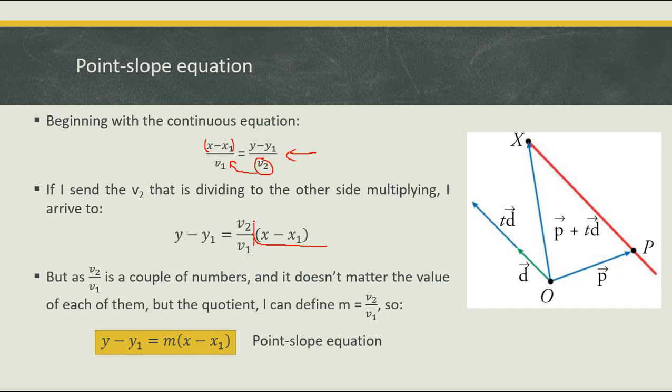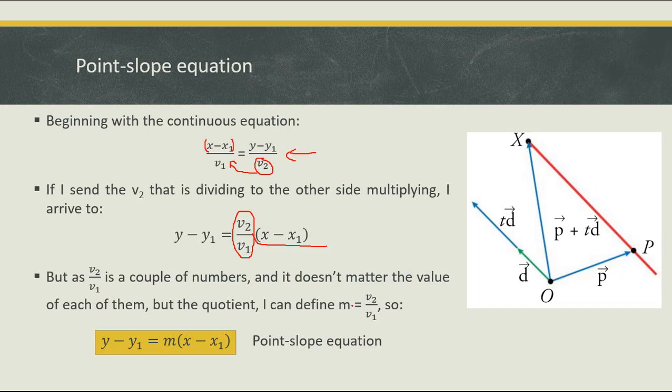Why? Because v1 divided by v2 will be a couple of numbers divided. But in fact, in this equation, as it's written, it doesn't matter the value of v2 and the value of v1 individually. The only thing that has an importance is the quotient between both of them.